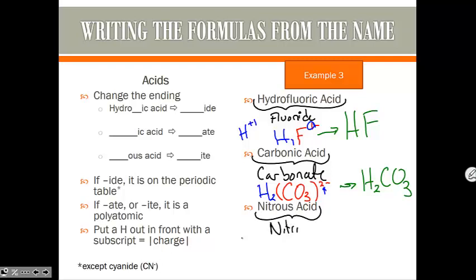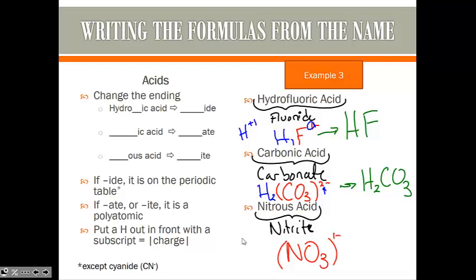If an acid ends in "ous," it must have come from an "ite." So nitrous acid would come from nitrite. Polyatomic anions that end in "ite" are always one less oxygen than the "ate" form. So nitrite would be nitrate, but one less oxygen.